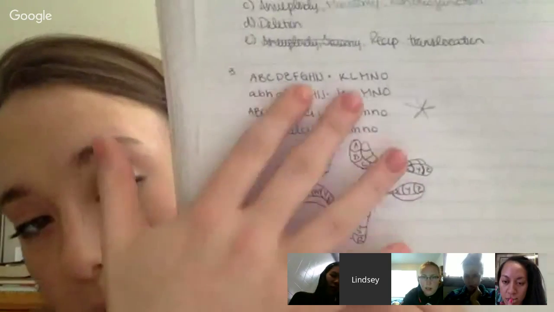And adjacent 2 is when the ones on top go together and the ones on bottom go together. But that's all I know. You guys probably already knew that. But do you guys understand how to set up the cross?